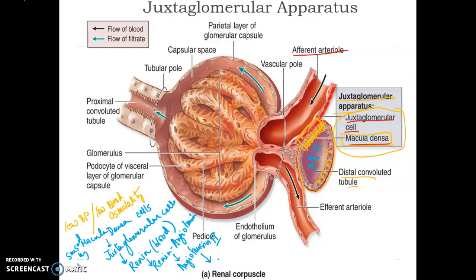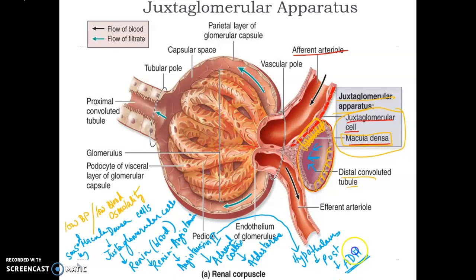this angiotensin 2 works on the adrenal cortex to release aldosterone. This angiotensin 2 also works on the hypothalamus, and the hypothalamus then activates the posterior pituitary to release antidiuretic hormone.